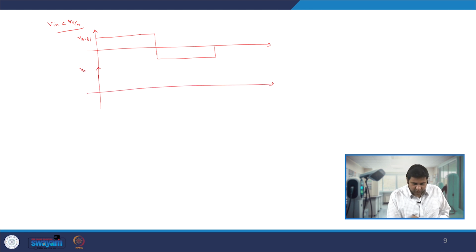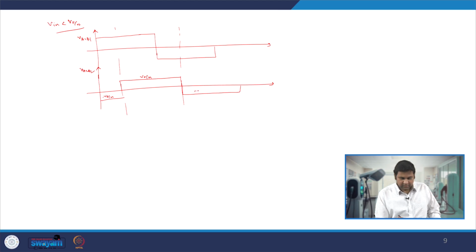Similarly for VA2B2, assume at this point A2B2 is going like this, and then again it goes like this here. So this is minus V naught by N, V naught by N, and then again minus V naught by N. Here this is referred to the primary side.